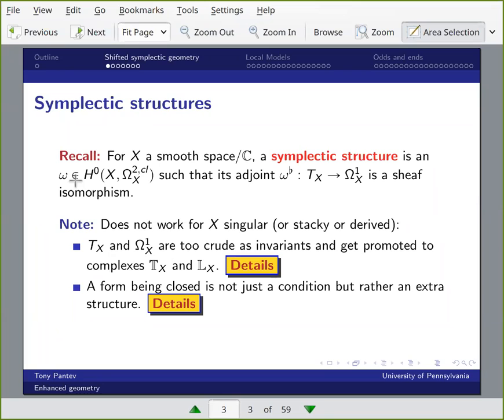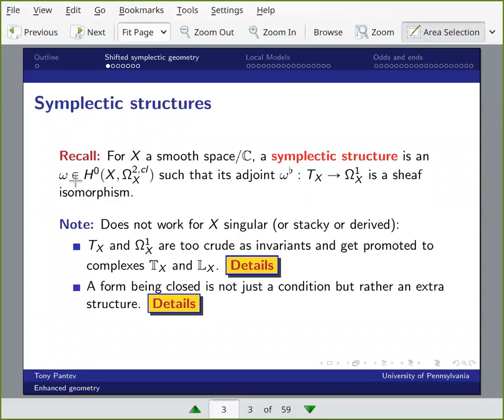Or more generally, you have nilpotents that sit in different homological degrees. All of these are additional decorations that you get on algebraic varieties, especially algebraic varieties that come as solutions to moduli problems, and you would like to understand how these symplectic structures interact with them.